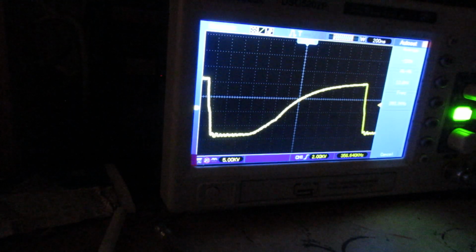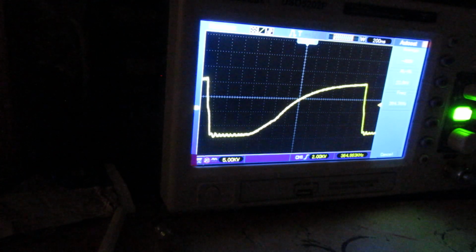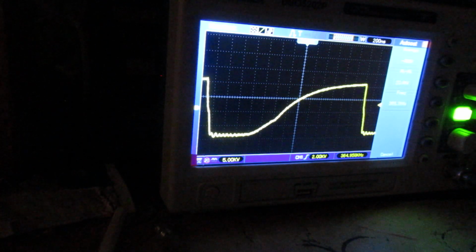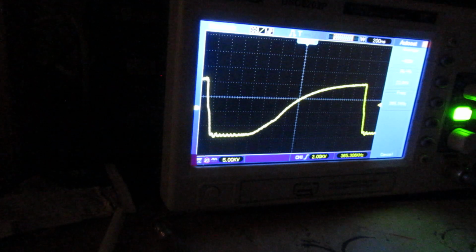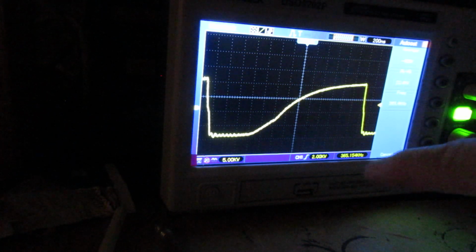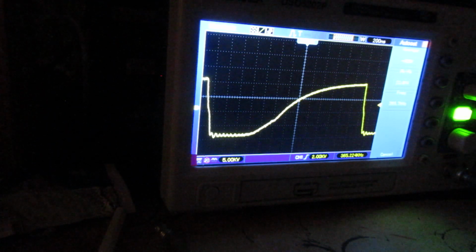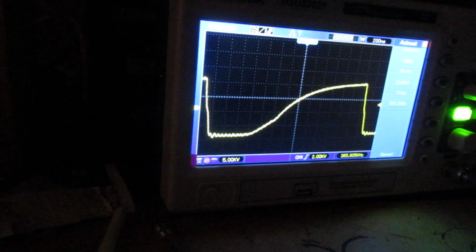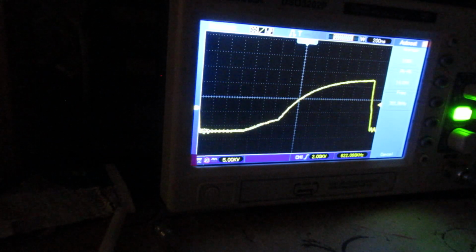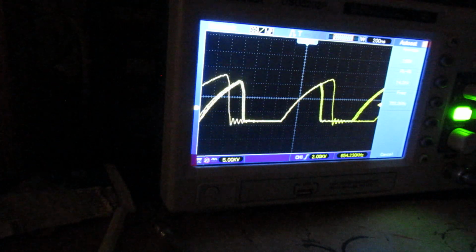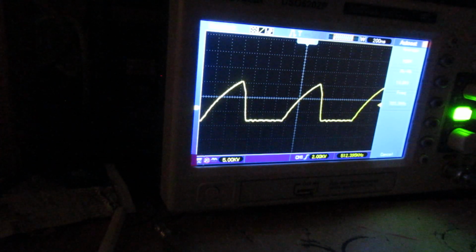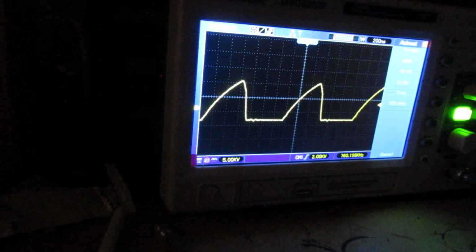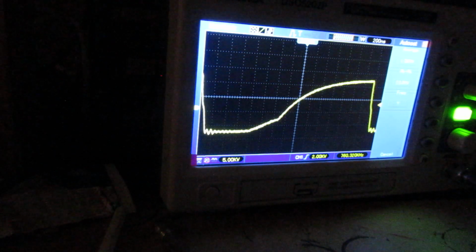Here we have this. Let's listen. No, of course we cannot hear this. It's 365 kilohertz anyway. And so here we suddenly have a kind of good waveform anyway. Turn the potentiometer again.